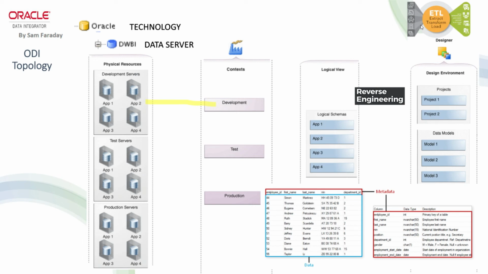Otherwise, if I want the very same application deploying to a test server, all I need to do is, during the execution, choose the test context and it will deploy the information to the test server.